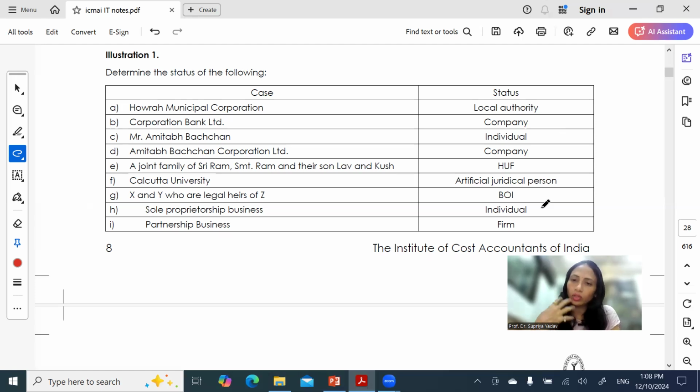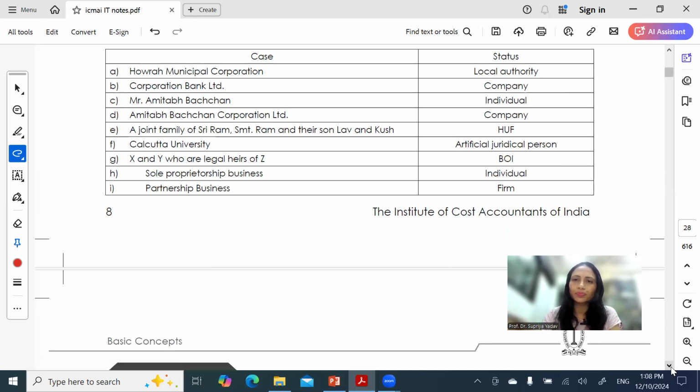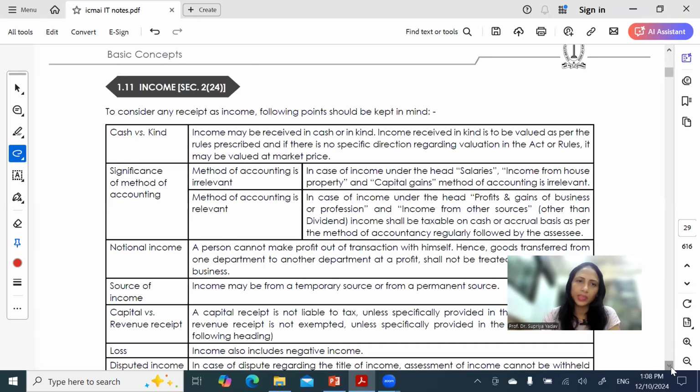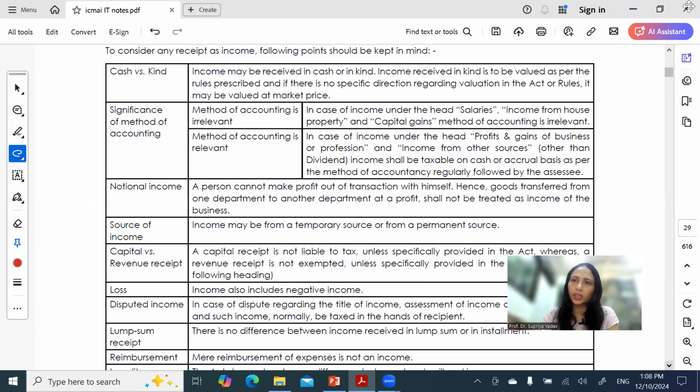Suppose I start one business, whatever I do in business, that is my responsibility, that is my actions. That's why my business and I are the same, not different. Okay, partnership business, it is a firm, partnership firm. So these are the statuses of the individuals or persons that we understand here.